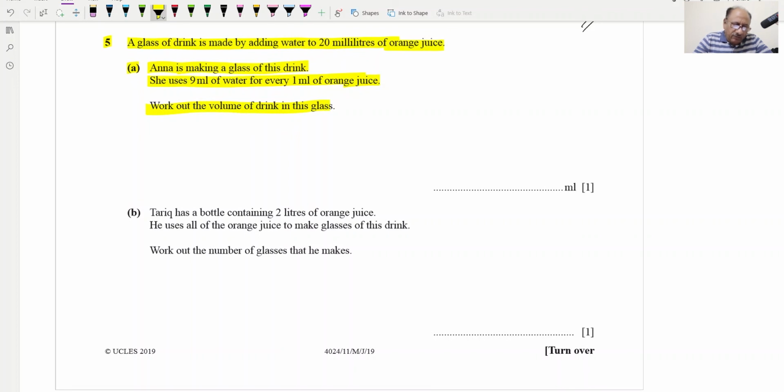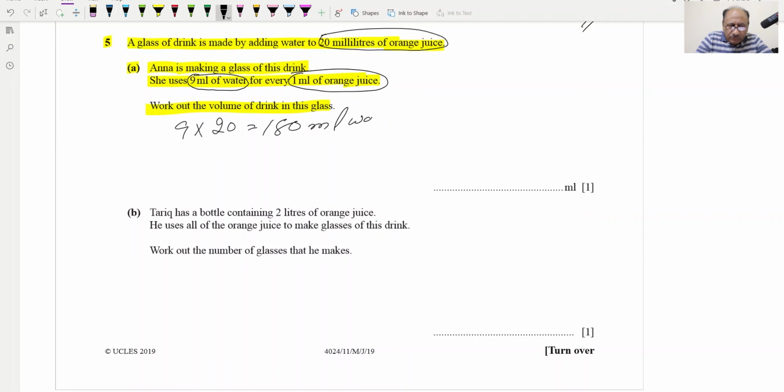For 20 milliliters of orange juice, how much water will be required? It will be 9 for 1 ml of juice, so 9 milliliters multiplied by 20, and 180 ml of water will be used.